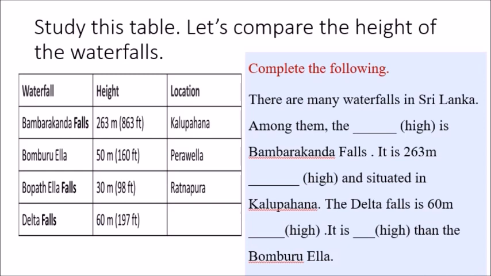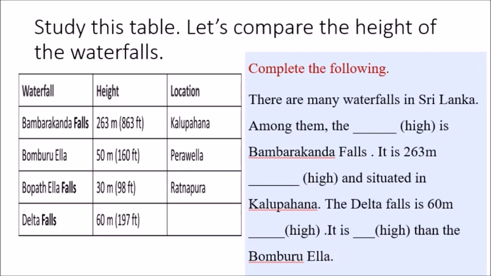Dear children, there's another important activity for you. Study this table. Let's compare the height of the waterfalls. Bambarakanda Falls, Bomburu Ella, Bompatella Falls, Delta Falls. Let's read the text. There are many waterfalls in Sri Lanka.